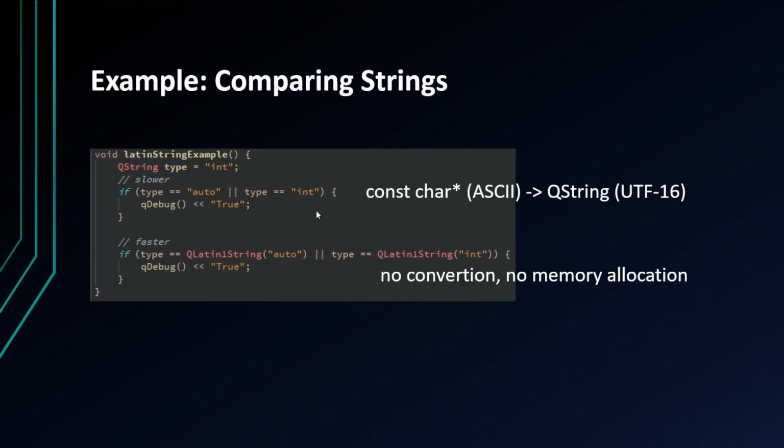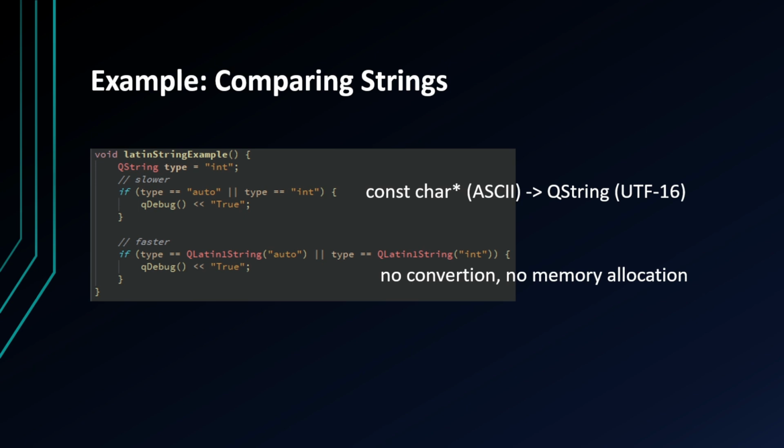But it is all about performance. In the first condition, we compare our string with C-style literals, const char. These literals are implicitly converted to QString before comparison. Meanwhile, in the second condition, we make a temporary QLatin1String.